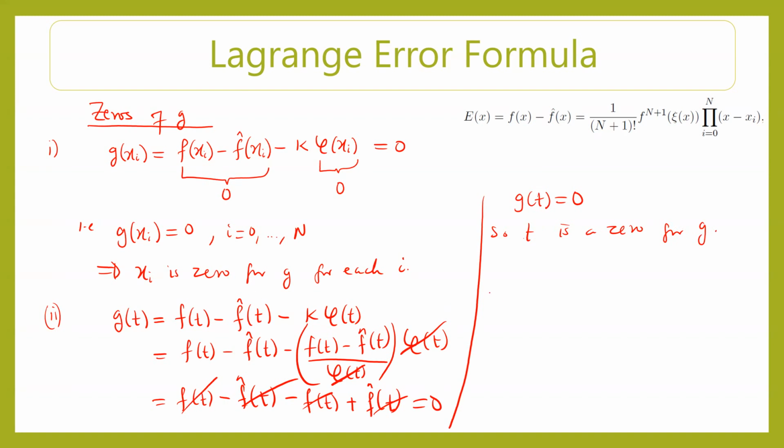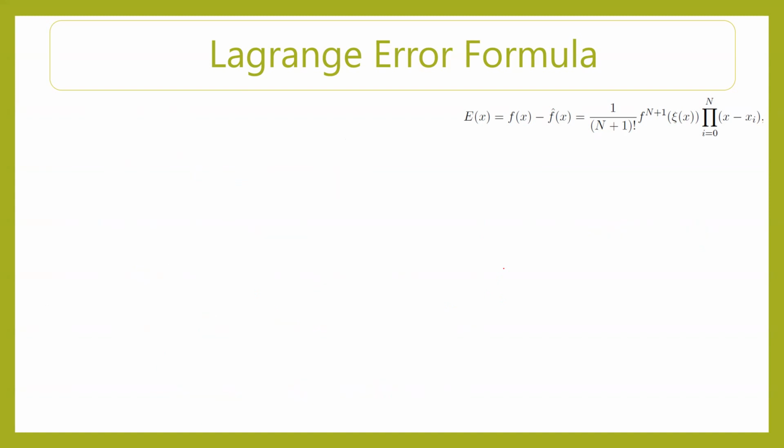So in total, in the first one, we have n plus 1 zeros. In the second one, we have 1 zero. So g has n plus 2 zeros. Particularly, we are talking about the interval [a,b]. T is also inside [a,b]. What does this mean?